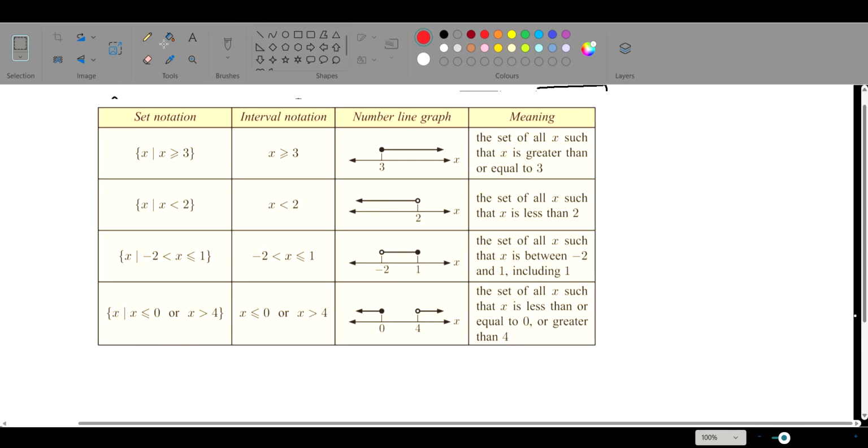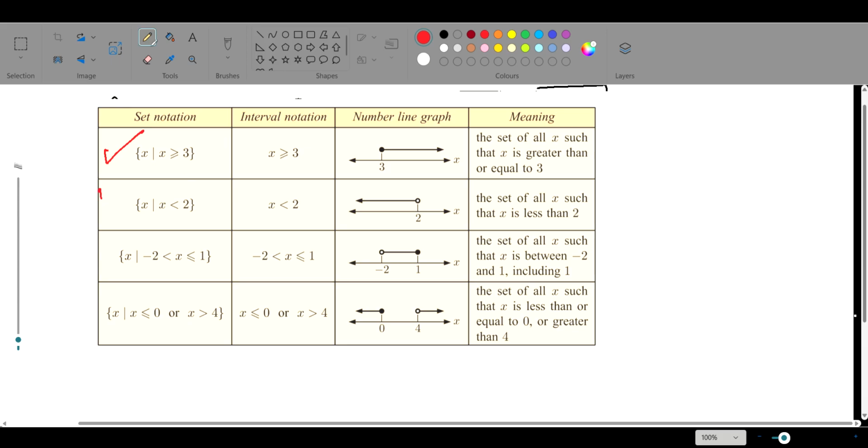So let's say there is some function given to us, and for the domain of that function we have to write all the numbers which are greater than or equal to 3. So you can see how we notate it in interval notation, how it looks on the number line, and what the meaning of that is. Usually we use this sort of set notation to write domain and range.